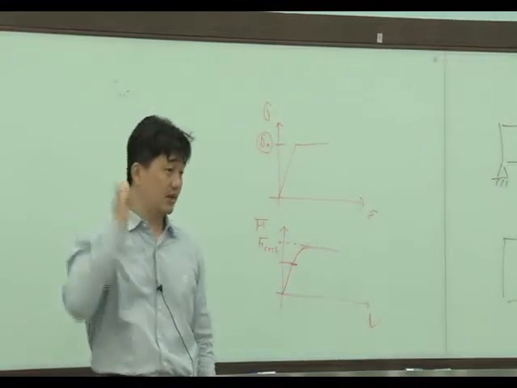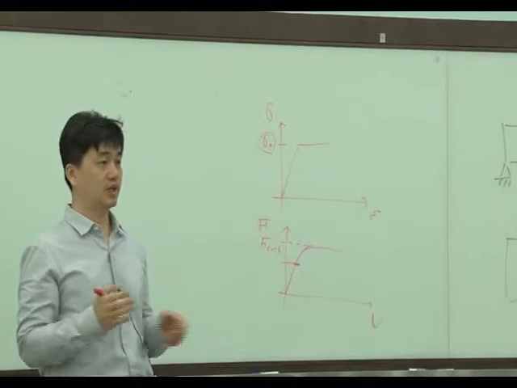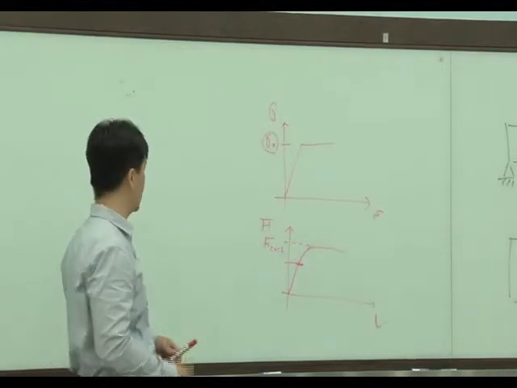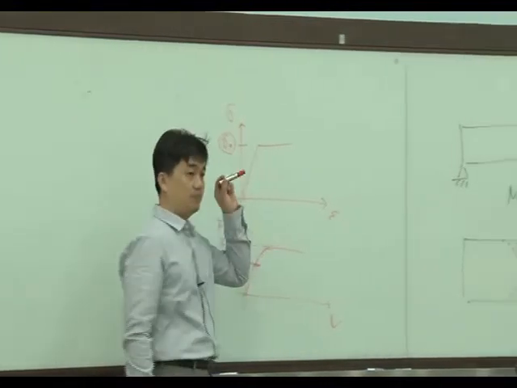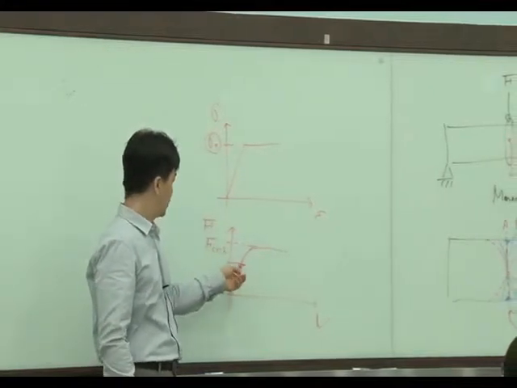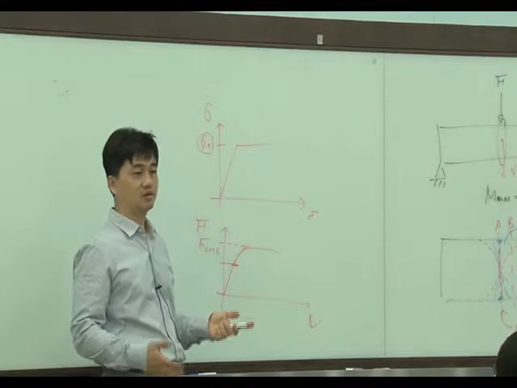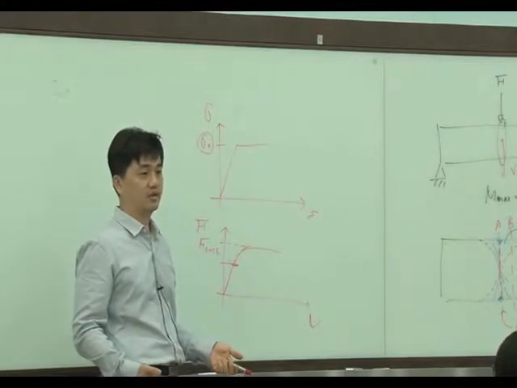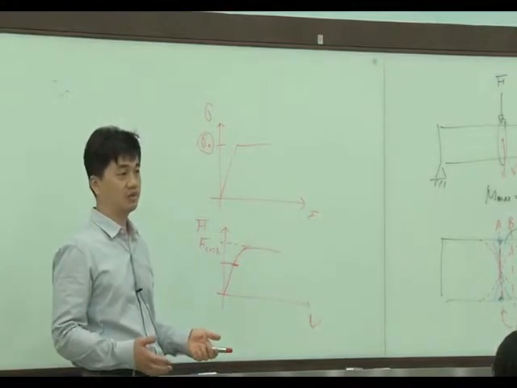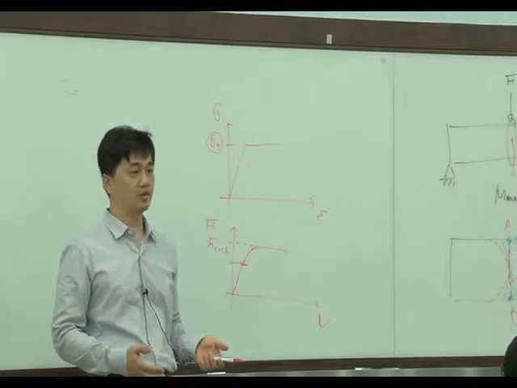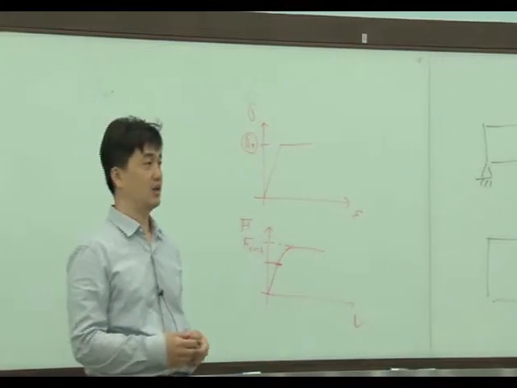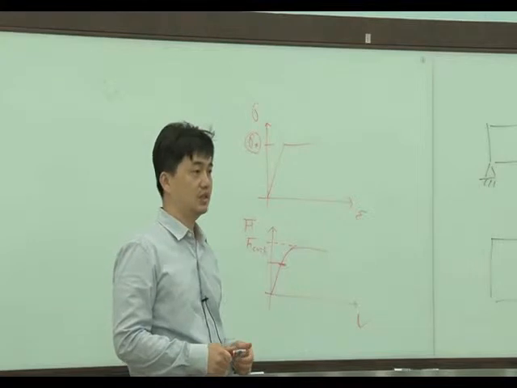So there are several design methods. Some methods say when the material fails, we can say the structure also fails. That's one of the design methods, the allowable stress design.